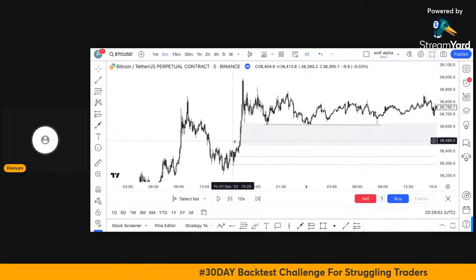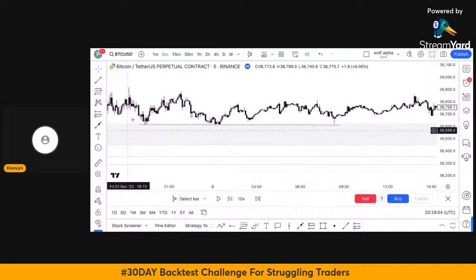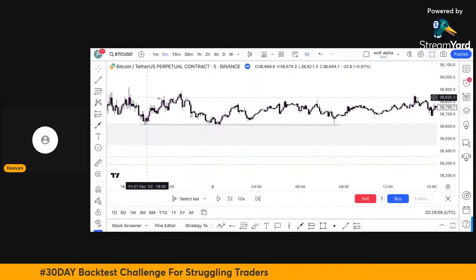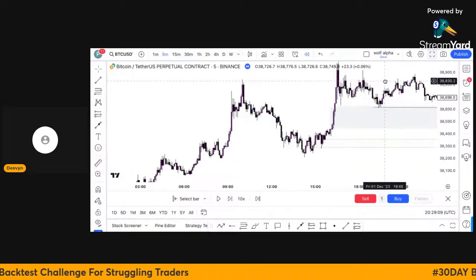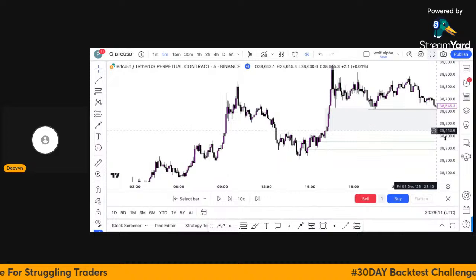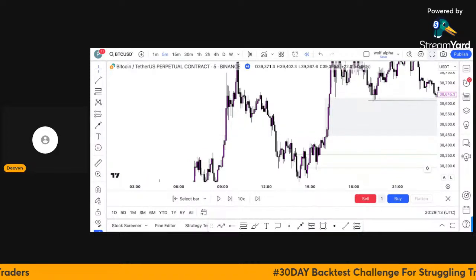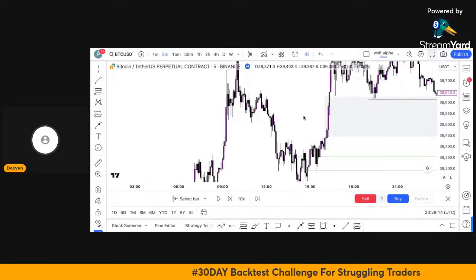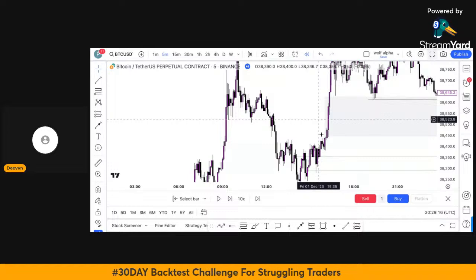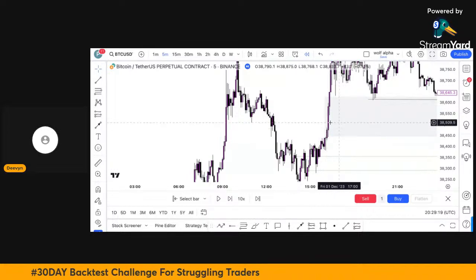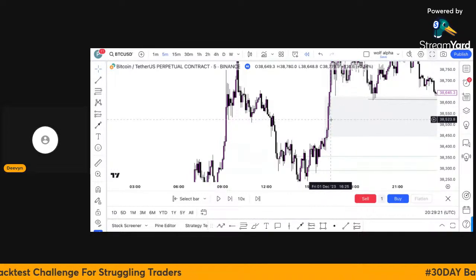Now there's something I am noticing over here, which is we can still see another block. Sorry, an imbalance over here. Yes, we can still see an imbalance over here.